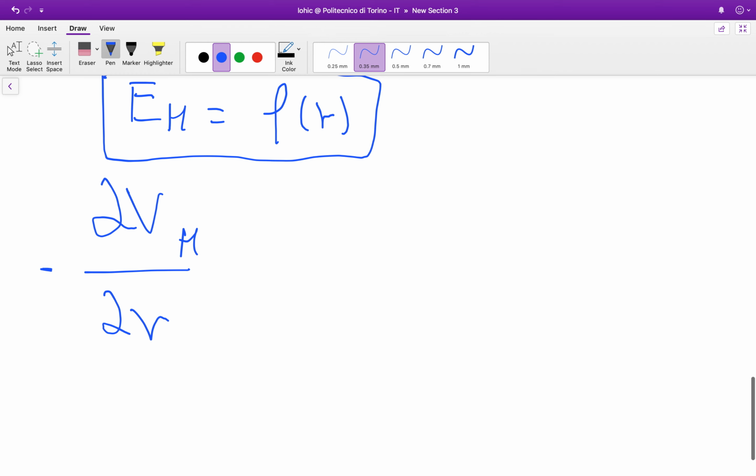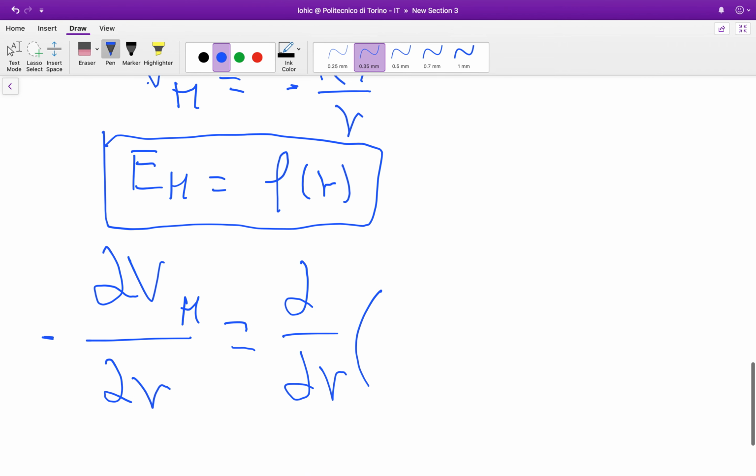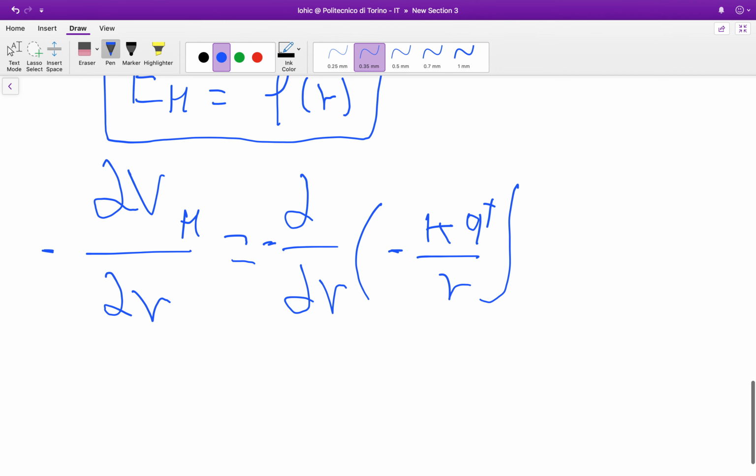What if I do minus the derivative of the electric potential with respect to the radius? It means minus the derivative with respect to R of the electric potential. It is minus K times Q plus divided by R, so there will be a minus before the derivative.